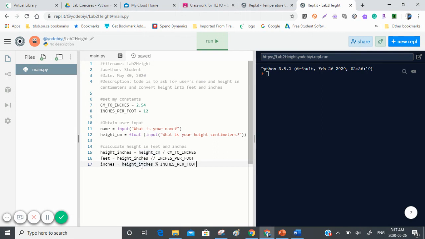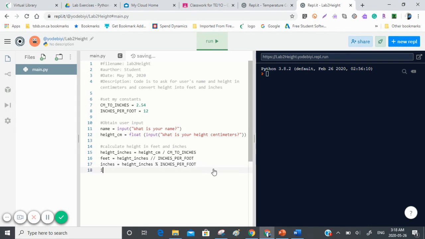If I divide this by this, it will give me the remainder. That's what I want. This percentage gives me the remainder, and that remainder is the inches part of my calculation.